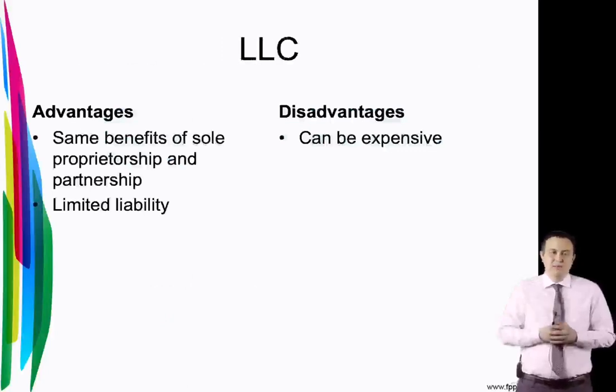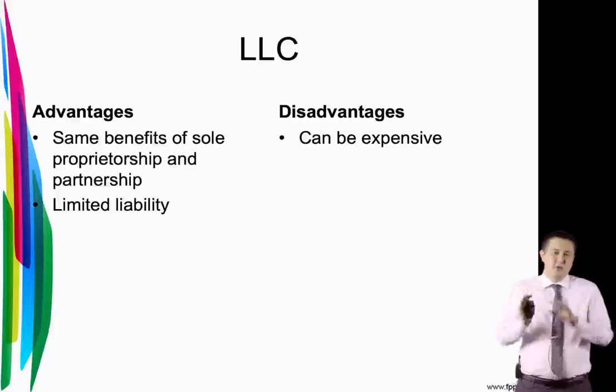Well, we can provide it in the form of LLCs, or limited liability company form of business ownership. In this business ownership, basically you're still a sole proprietor or a partnership, but you purchase a form of business ownership and you become an LLC. So if you're a sole proprietor and an LLC, you have the same advantages and the same disadvantages of the sole proprietorship, but you eliminate the unlimited liability from the sole proprietorship disadvantages.